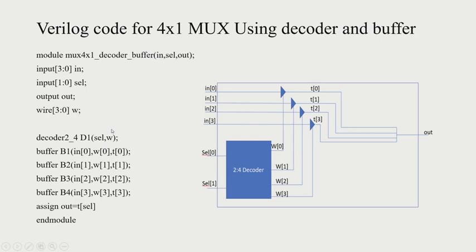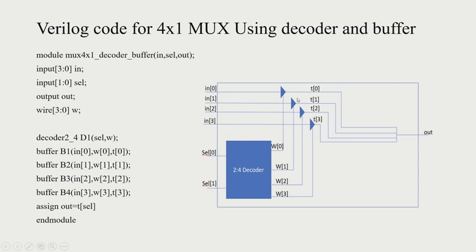But here, just using the same order, I have written input as the selection line and output as the w wires. So this is the instantiation of the decoder module. And now we have to instantiate the four modules for the buffer circuit, because we have used four buffer circuits.